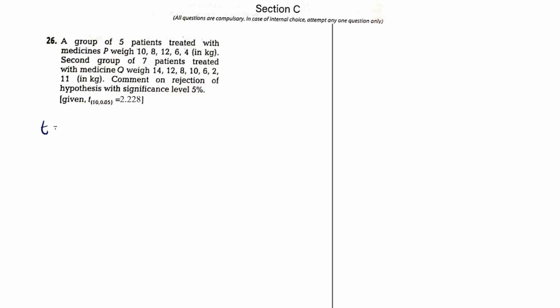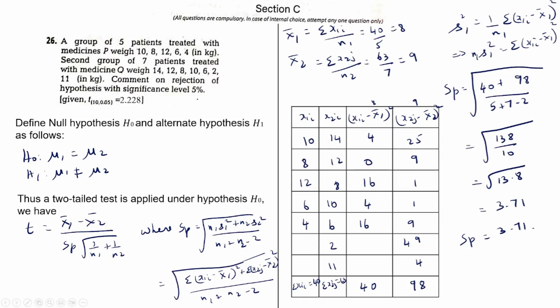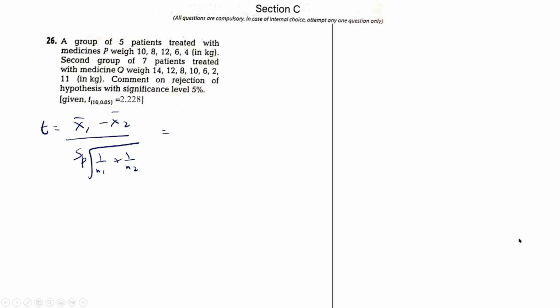So T is equal to (x1 bar minus x2 bar) upon Sp into root of 1 by n1 plus 1 by n2. x1 bar we got as 8 and x2 bar as 9, Sp as 3.71. So here we have (8 minus 9) upon 3.71 into root of 1 by n1, which is 5, plus 1 by n2, which is 7.